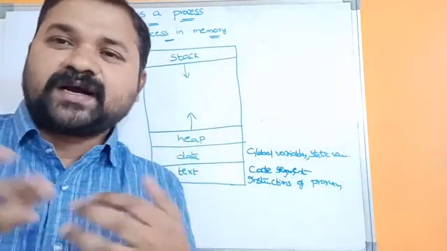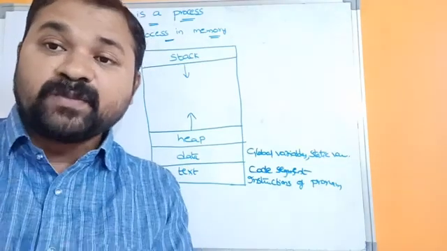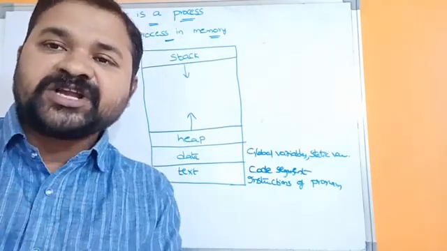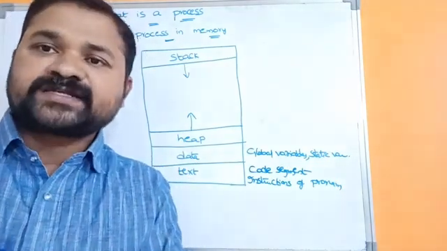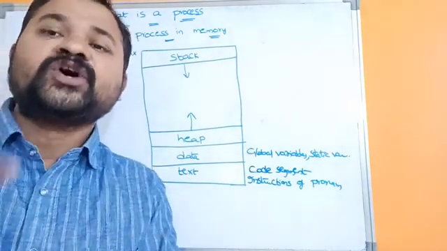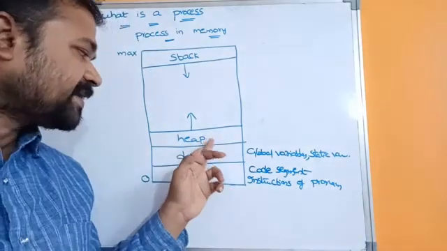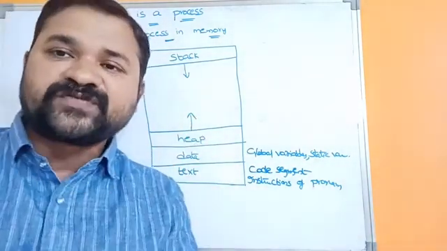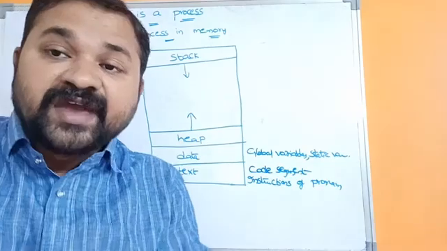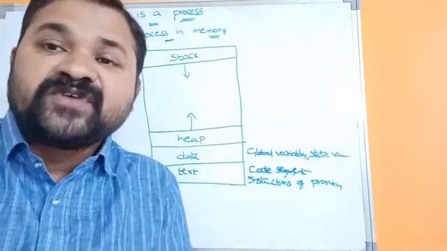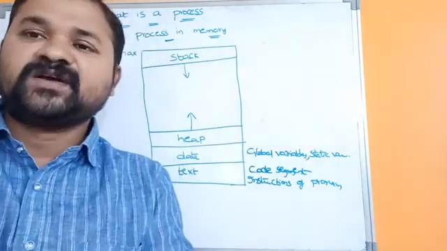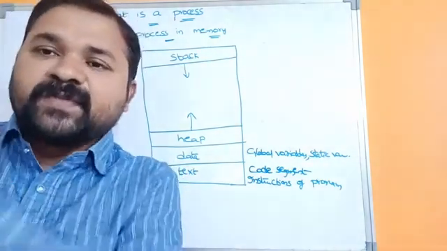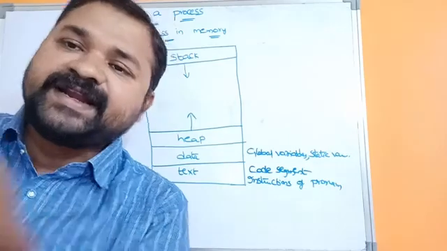The next one is the heap segment. We know what is dynamic memory allocation. Dynamic memory allocation means the allocation of memory during runtime. Generally for pointers, the memory will be allocated during runtime. So the heap section is mainly useful in order to store variables whose memory was allocated during runtime. Let's say we have 2 pointers, and for those 2 pointers the memory was allocated during runtime.